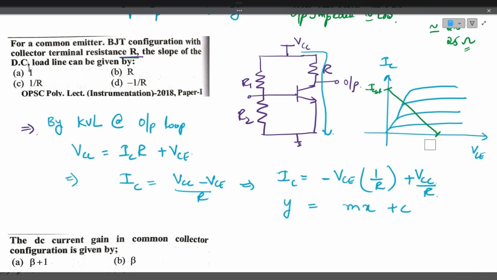The y-axis is the collector current, and the x-axis is VCE, the collector to emitter voltage. So the slope m is equal to minus 1 by R. So the answer is option D.